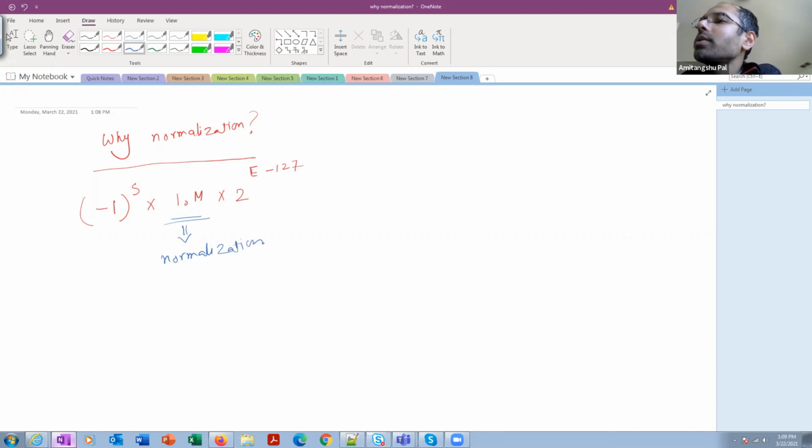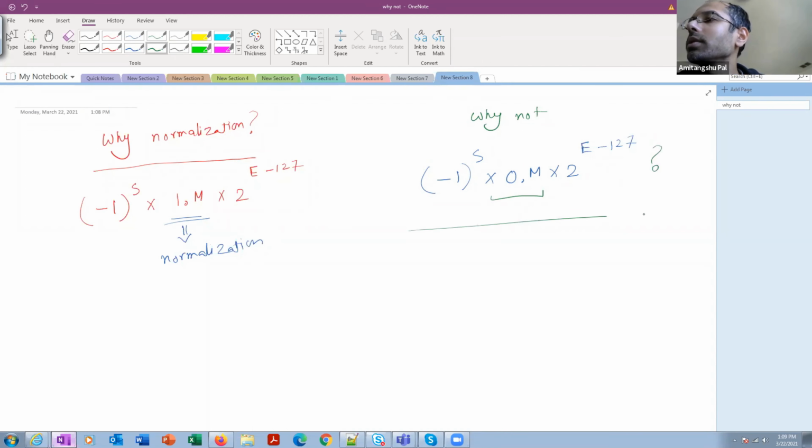Someone may ask you the question: why am I using this normalization? Instead of this, why am I not using the formula minus 1 to the power s into 0.m into 2 to the power e minus 127? Because mantissa is the fractional part, so instead of writing 0 point fraction, why am I writing 1 point fraction? That's the key question. So why not this?